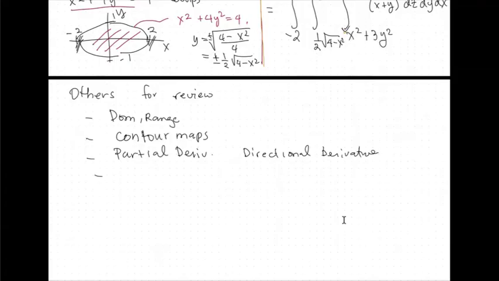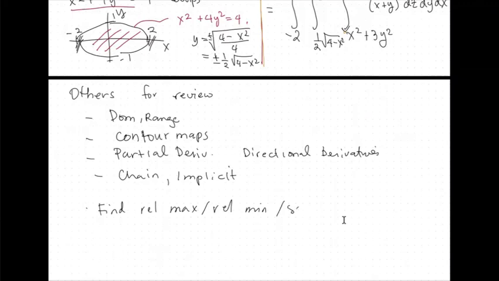And then, of course, you also do your chain and implicit differentiation. And then the longer problem is finding relative max and relative min, and also saddle point. Here it involves getting the critical point and your D, or discriminant or Hessian.